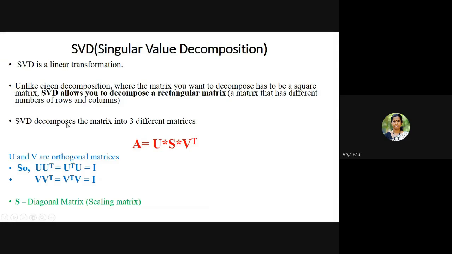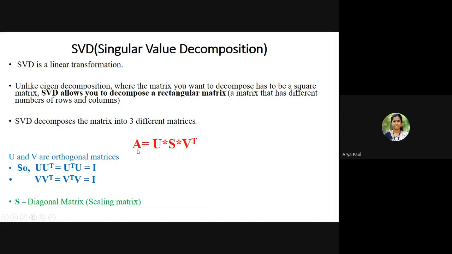Now, SVD decomposes the matrix into three different matrices. Suppose A is a rectangular matrix. We can decompose A into three matrices, U, S, and V. We will see shortly what U is, what S is, and what V is.